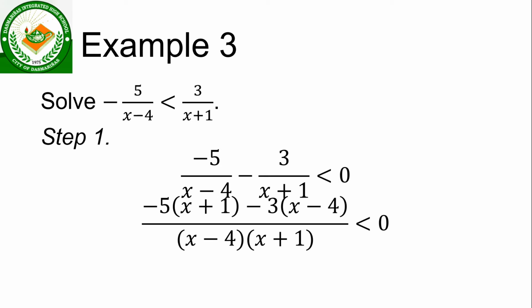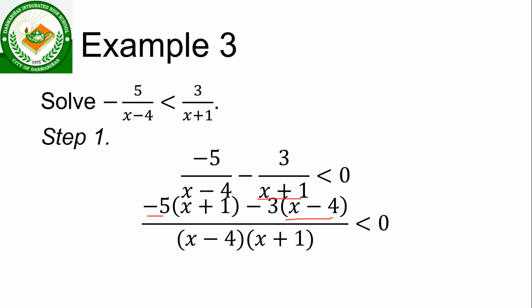And then we have this. Okay, x plus 1 was multiplied to negative 5. x minus 4 was multiplied to negative 3 or 3. And then we can add or combine the two terms, or the two rational expressions, since they have the same denominator if we do this.